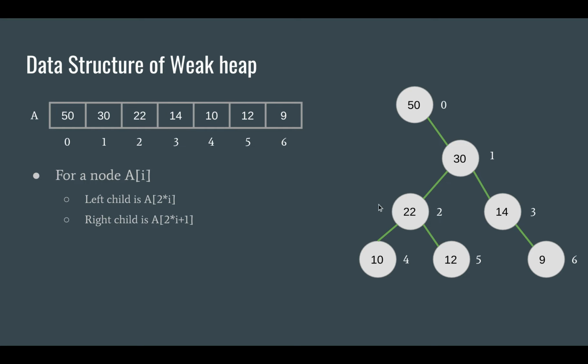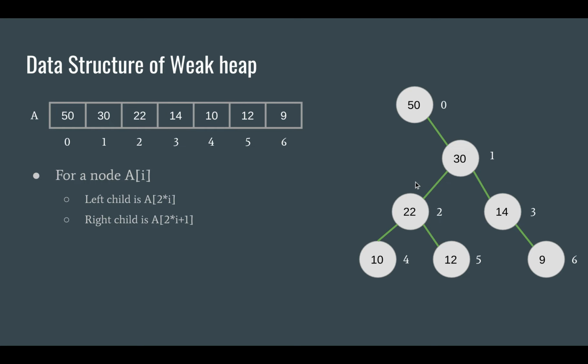So a of 2, the left child. And the right child will be 2 into i plus 1, so 2 into 1, which is 2, plus 1, which is 3. So the third index will be the right child of this 30.